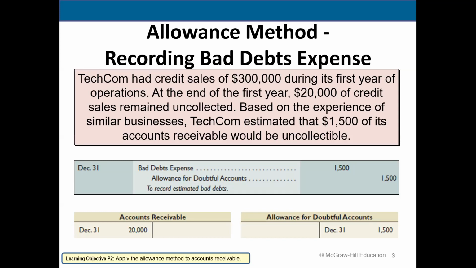So we're going to use this contra account to record what we put into bad debt expense. Also, bad debt expense is a temporary account, and allowance for doubtful accounts is a permanent account that resides on the balance sheet because it's a contra asset. So we've recorded bad debt expense and allowance for doubtful accounts.